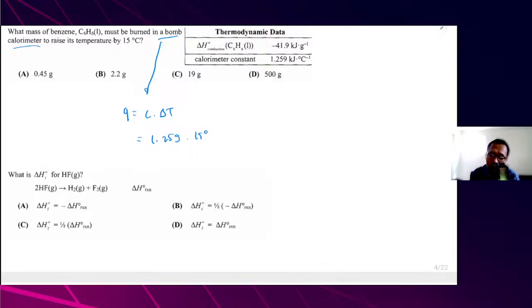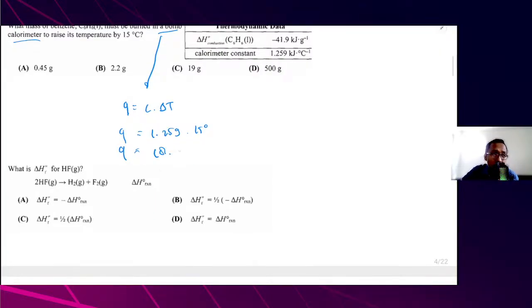So for the first step, calculate the heat needed to raise the temperature. Using the equation q = CΔT, we get 18.885 kilojoules. To raise the temperature by 15 degrees Celsius, it needs 18.885 kilojoules for q.